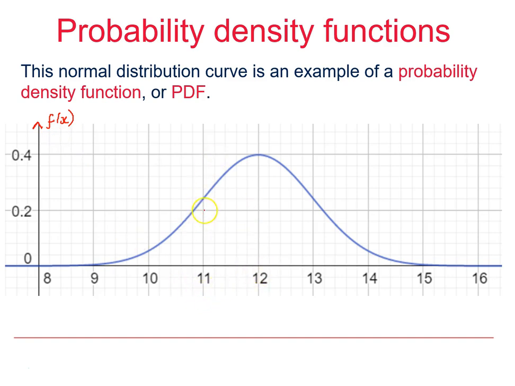And we also looked at the fact that with such continuous distributions, we will be working with probabilities of the type that I'm illustrating here, where perhaps we're looking at the probability that x lies between 11 and 11.5, and the probability is equivalent to the area under the curve.